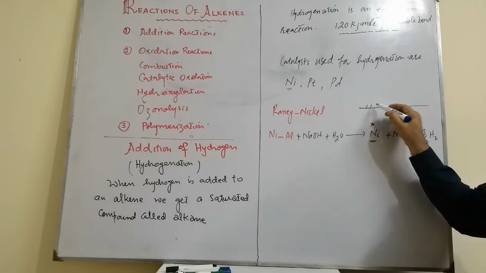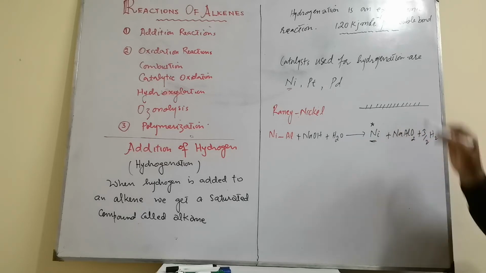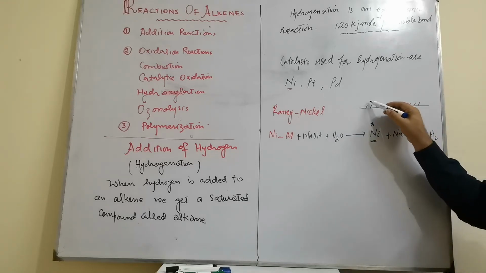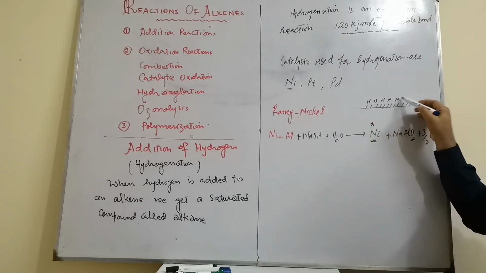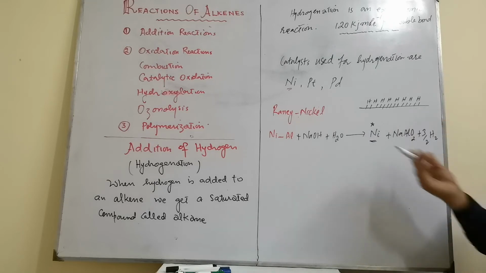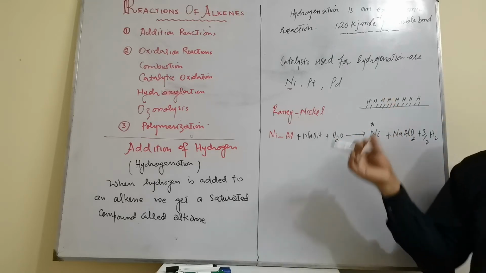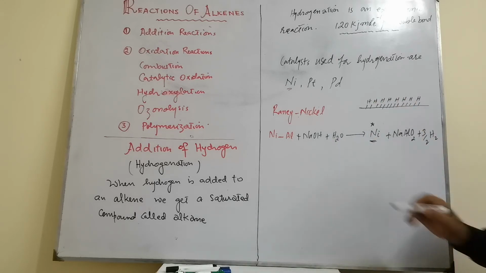In fact, nickel, transition elements have large atoms, and these atoms offer their surfaces for any substance to temporarily stay at their surfaces, and then later on these atoms are shifted to the double bond, especially when we are talking about hydrogenation.